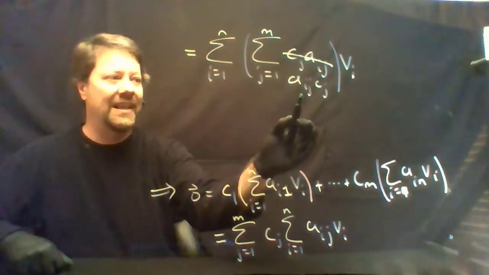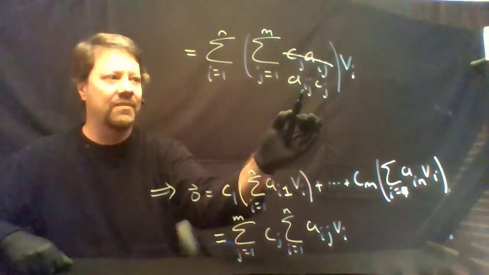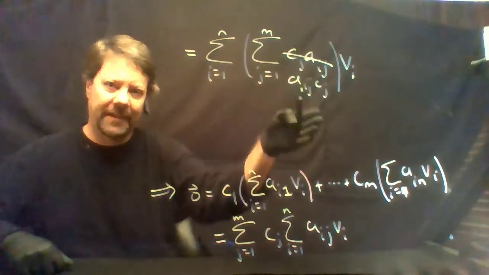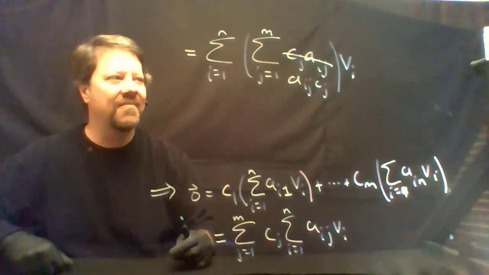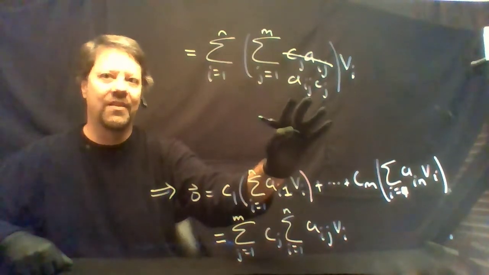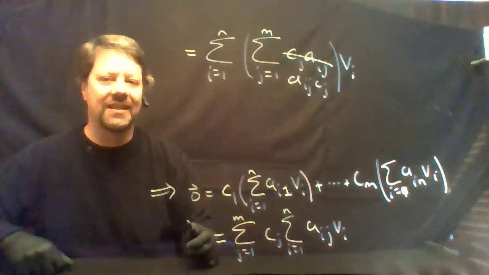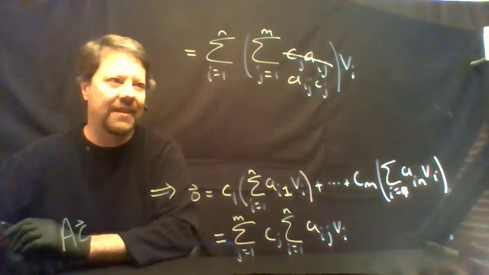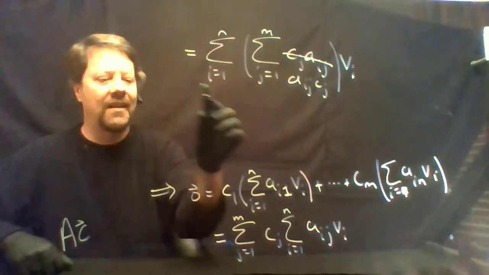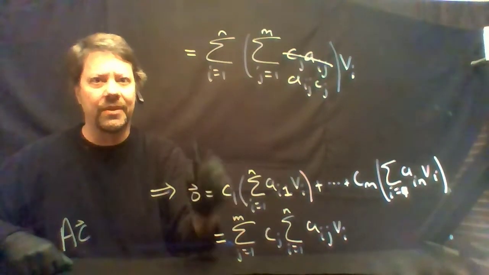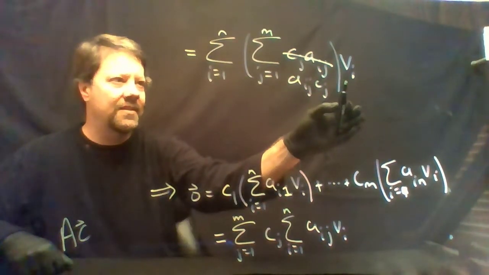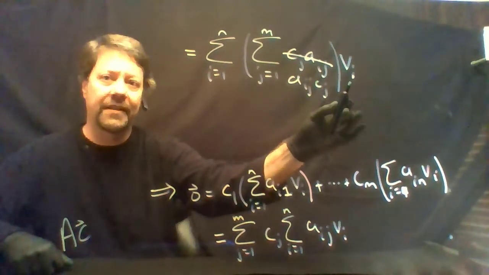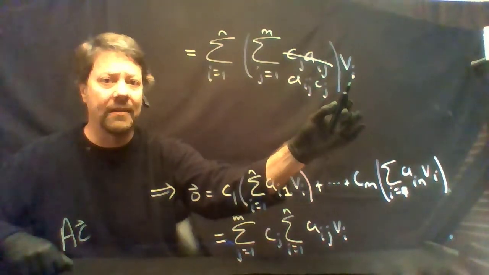You can see that what we're getting here is for a fixed i, we're getting the ith row of the matrix A times the column vector C. So we're taking the rows of the matrix A and multiplying onto C. That's what you do when you multiply a matrix times a vector. All of this, remember, is equal to 0, and this is a linear combination, with these being the constants, of the vectors in B1.